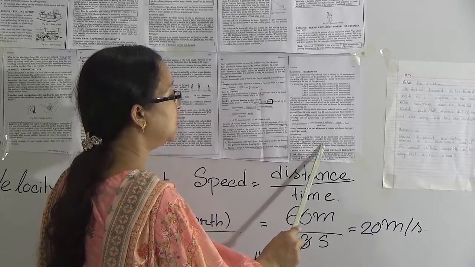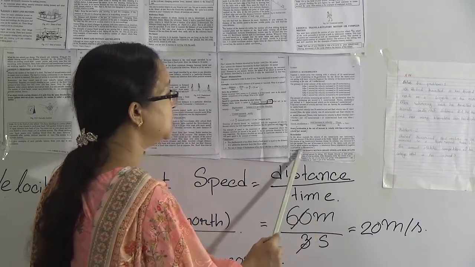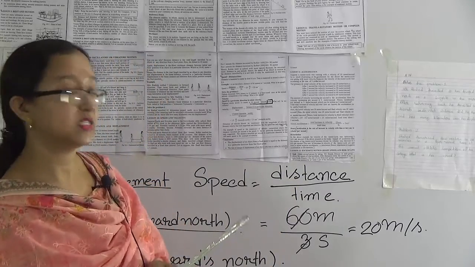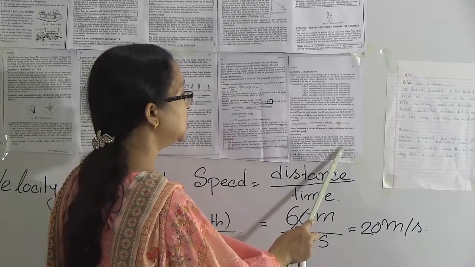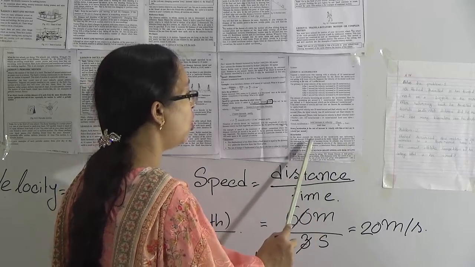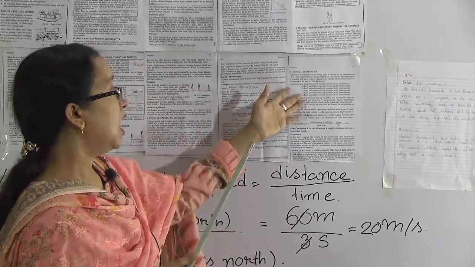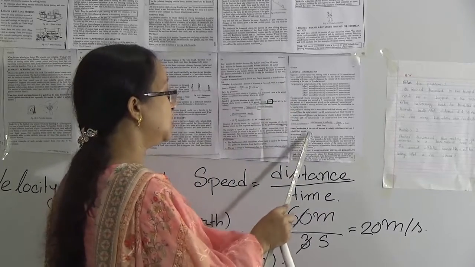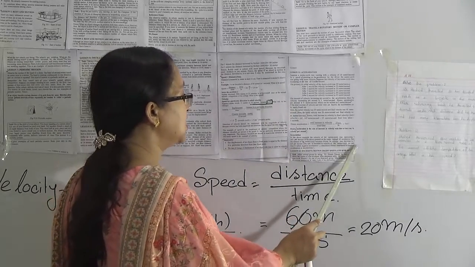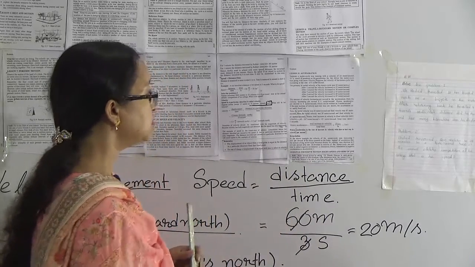The rate of decrease in velocity of the motorcycle per unit time is called negative acceleration or retardation. Hence retardation is negative acceleration or deceleration.